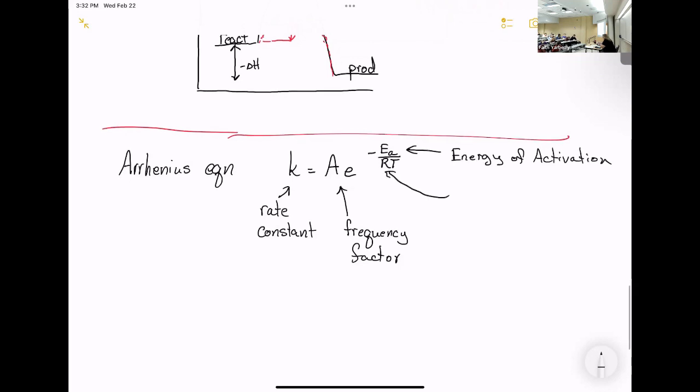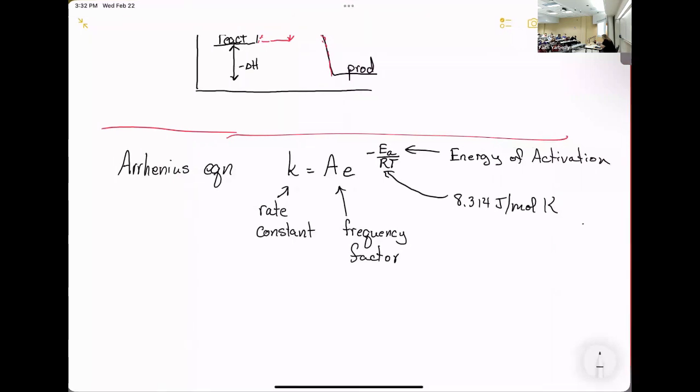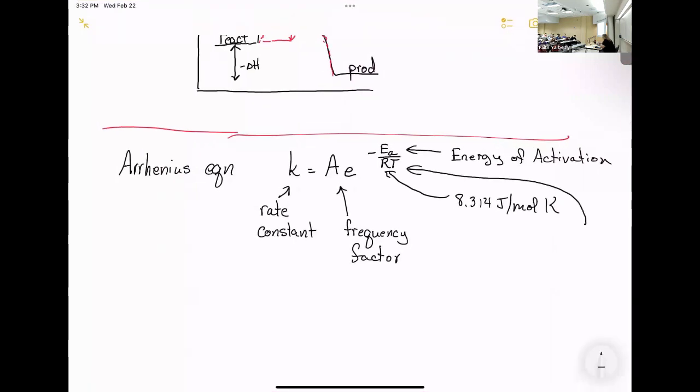R is the ideal gas constant of 8.314 joules per mole Kelvin. And T is the temperature in Kelvin.